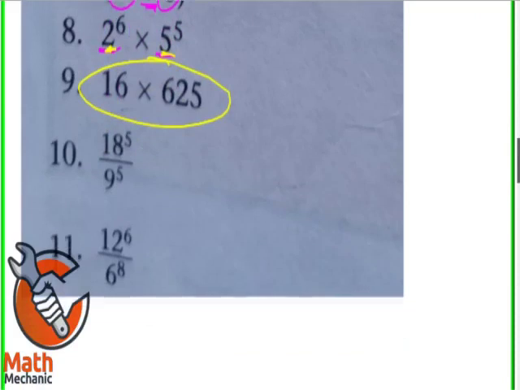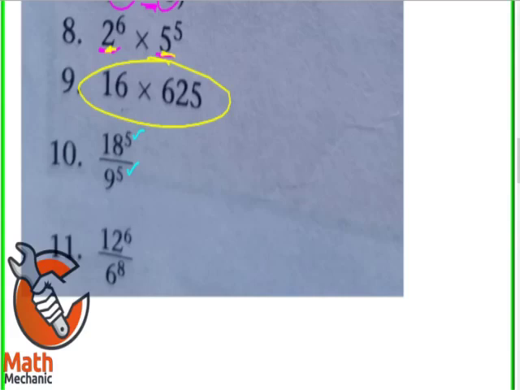With number 10, you have to be very careful though, because you've got 18 and 9, and number 11 you've got 12 and 6. You can still work them out because the exponents are exactly the same in number 10 but not in number 11. So my suggestion for you is to learn how to use prime factors.